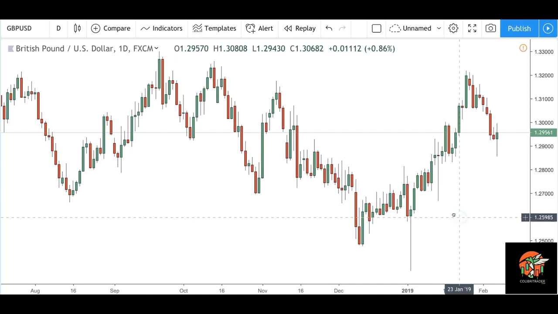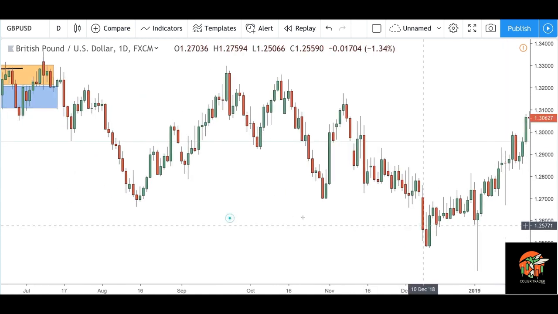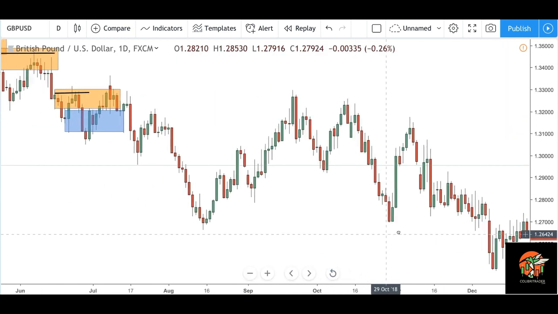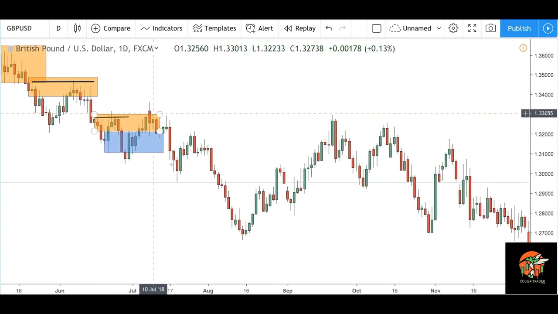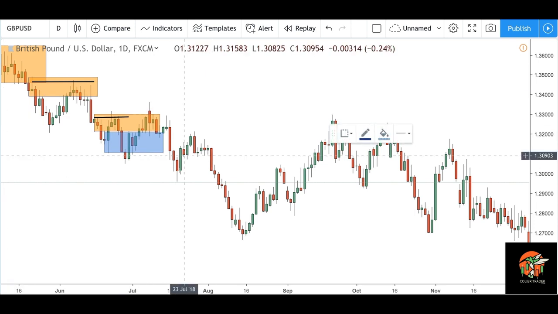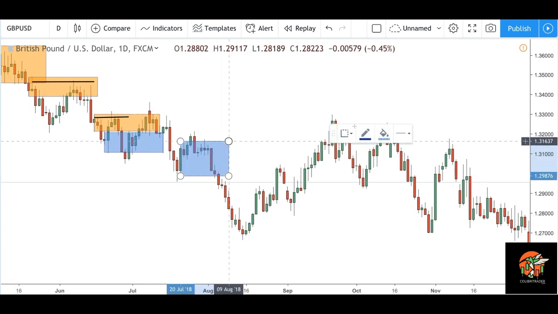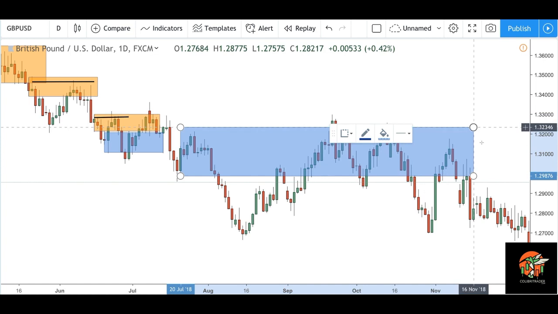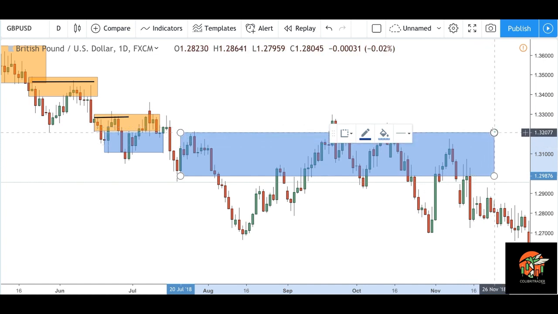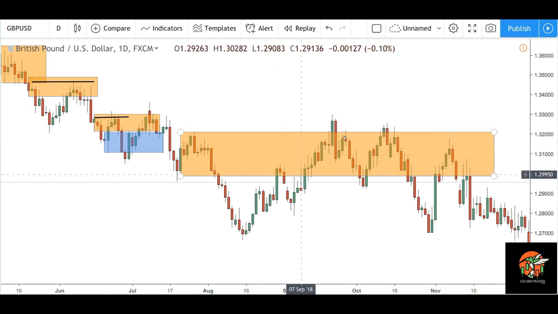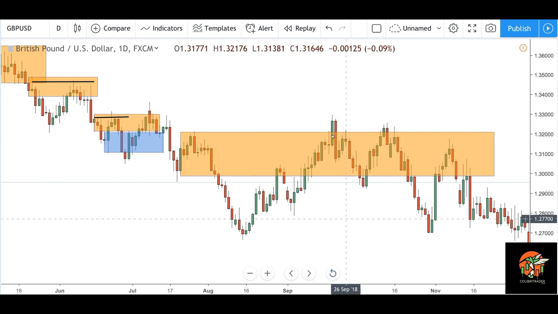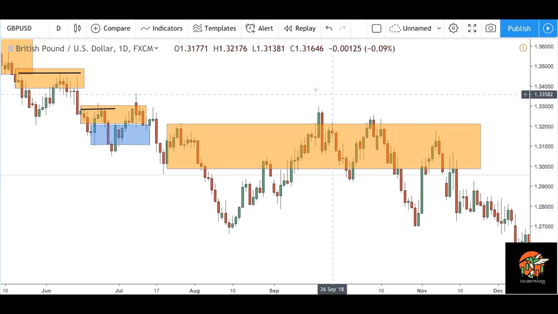So here, for example, let me see if I can find such an area. So this is where we were looking on the 4-hour chart, but from a daily perspective you can see another area here, which is again an area of supply, and what I've been looking for is for the price to go above this area, then form a rejection candle or anything that is confirming the bearish status.